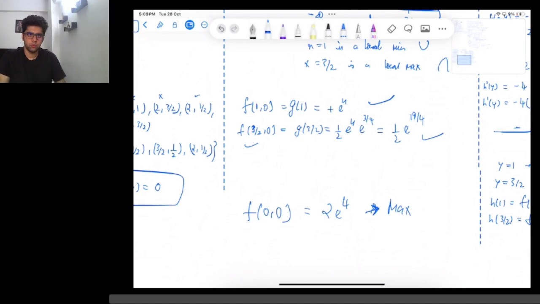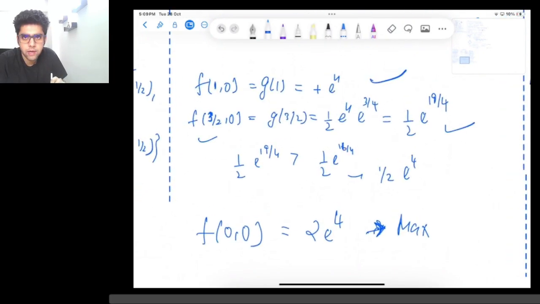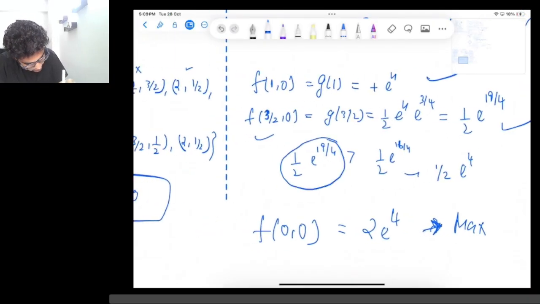Half into e to the power 19 by 4 is just slightly greater than half into e to the power 16 by 4, and half into e to the power 16 by 4 is half into e to the power 4, because 16 divided by 4 is 4, right? So this will clearly be less than 2 e to the power 4, right? So this gives me my max.